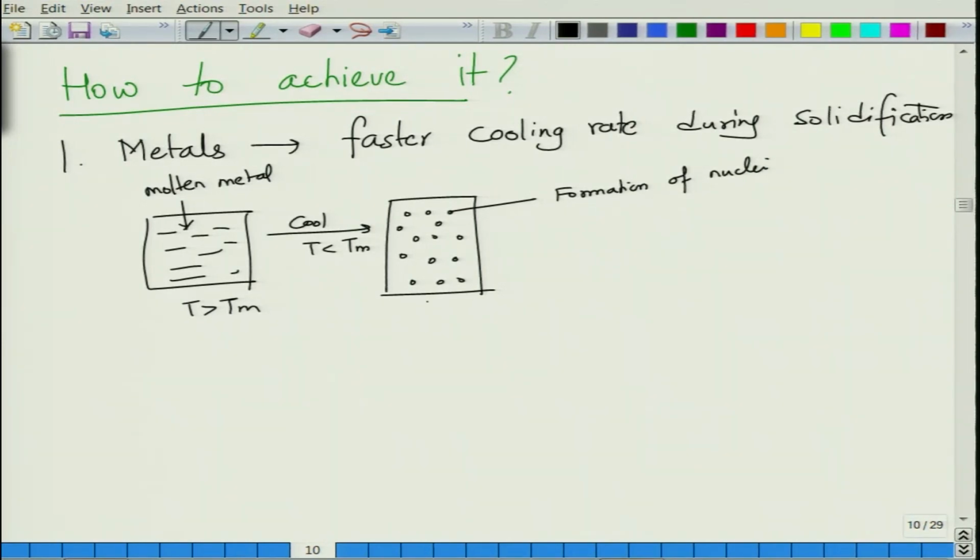So, this is, let us say, time t is equal to T1. And these nuclei, if you wait for some time, time t is equal to T2, these nuclei would have grown a little bit.